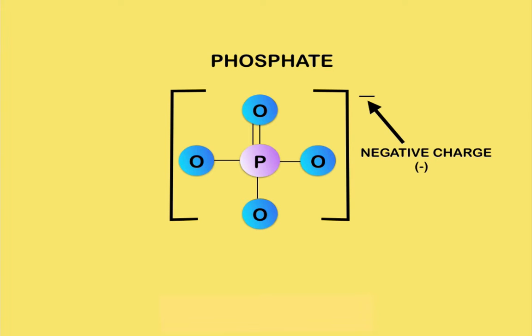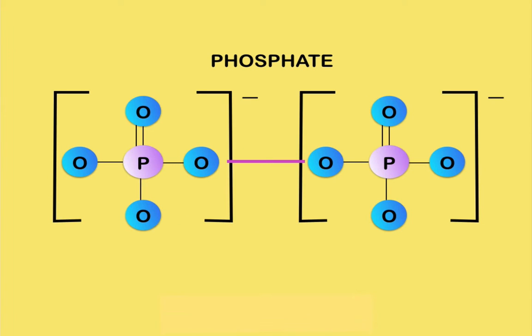So if you go into what you know about chemistry, if you have two elements that have the same charge, like a negative charge, they tend to repel each other. They don't like to hang out together. So when you group two phosphate groups, both of which have a negative charge together, it creates a bond that's fairly unstable because it requires quite a bit of energy to keep those bonds together.